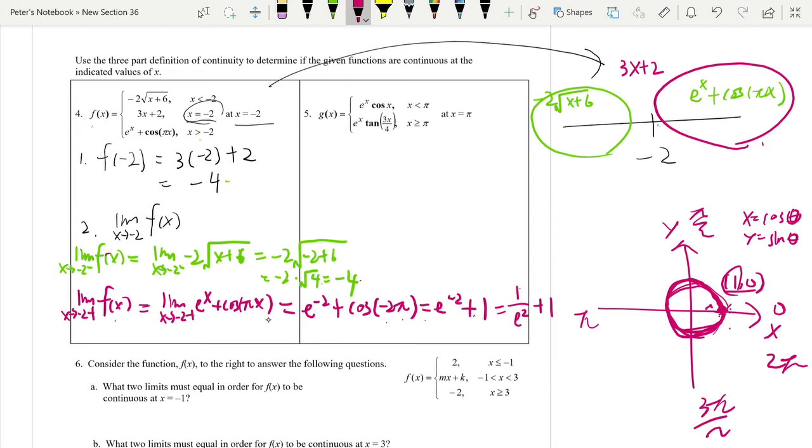And you see that those two are not equal to each other, right? So guess what?